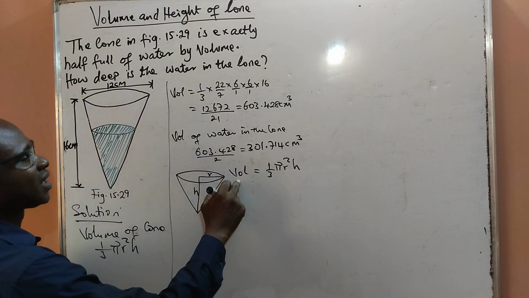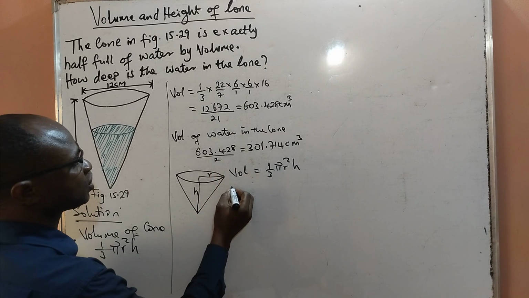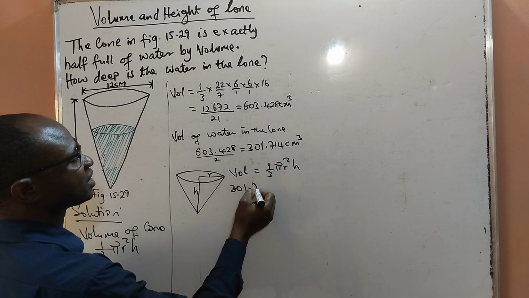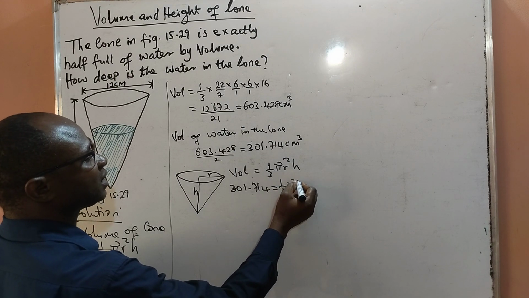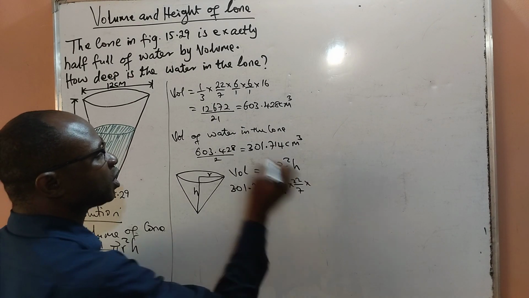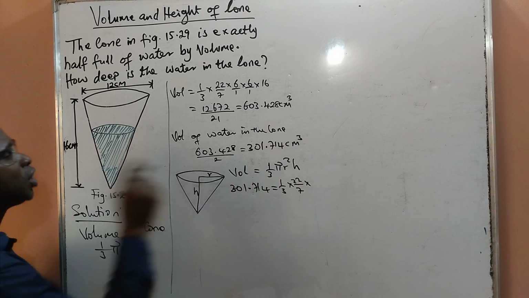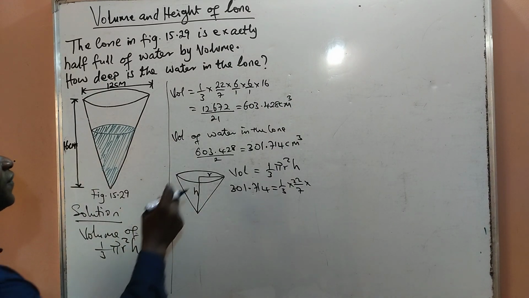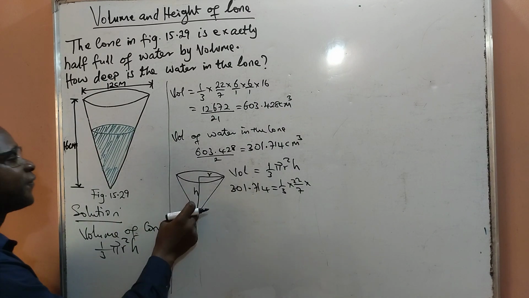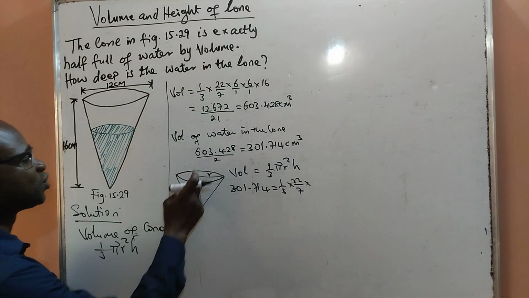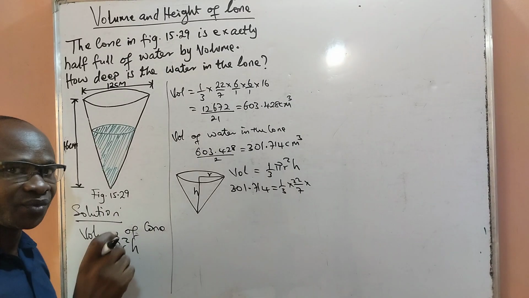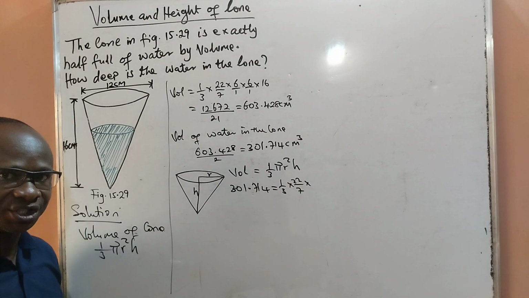In that volume, I have known the volume, which is 301.714, equal to 1 all over 3 multiplied by 22 over 7 multiplied by r. But I do not know r. So I have to find the r. I am looking for h, so I cannot have two unknowns. The question has asked me to find height, which is represented by letter h.